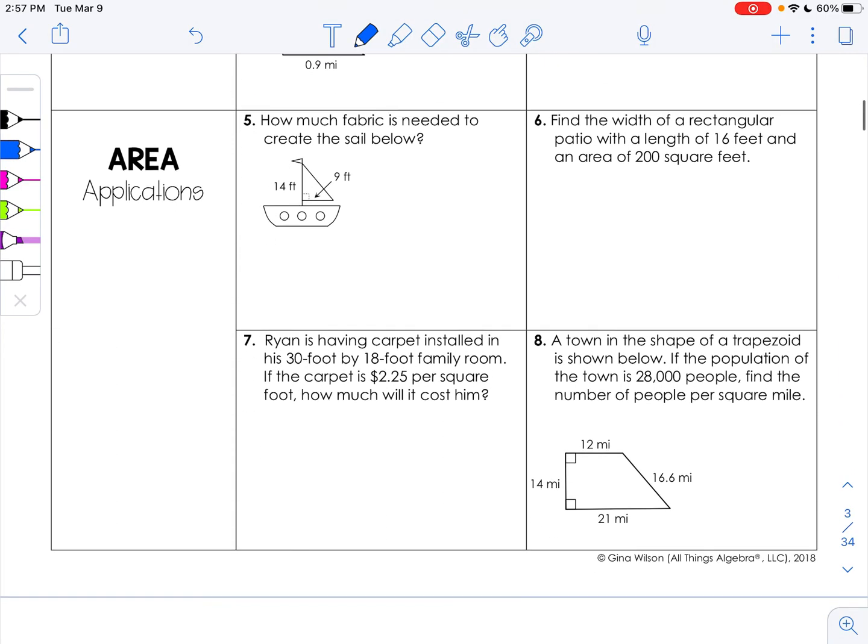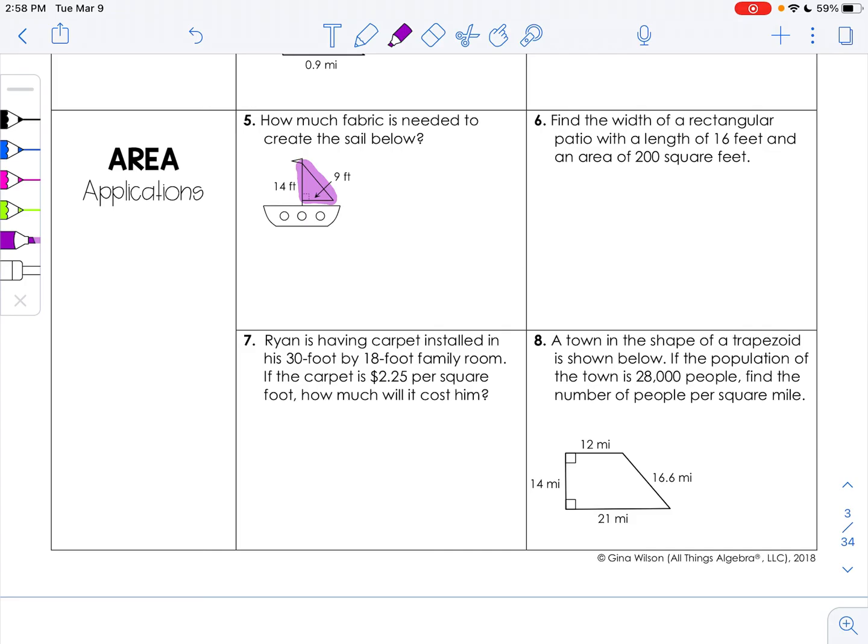Number 5, we're going to be talking about area word problems. So for number 5, we already have a picture drawn, and it asks us how much fabric is needed to create the sail. So we need to know how much fabric for the whole sail, so the area that's going to be covering it. That's how we know it's an area problem.